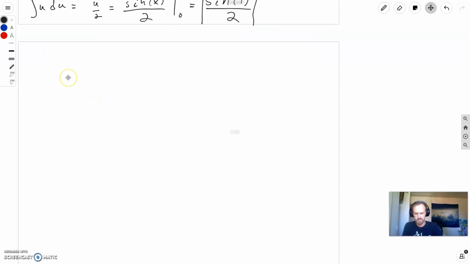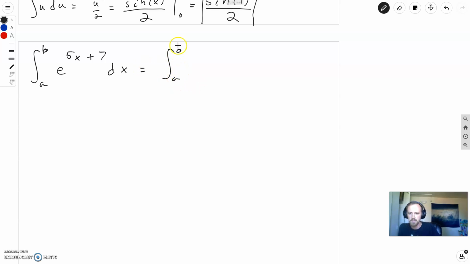Okay. So now I want to do the integral from a to b of e to the 5x plus 7. Now this one you might be able to guess what it is. I can even write this a little more suggestively. A to b, and then I can factor out these guys. Remember, if exponents are added together, then that is the same as multiplying. Okay.